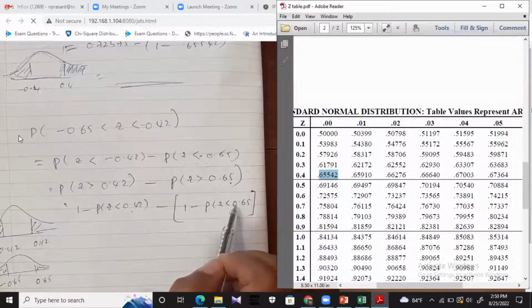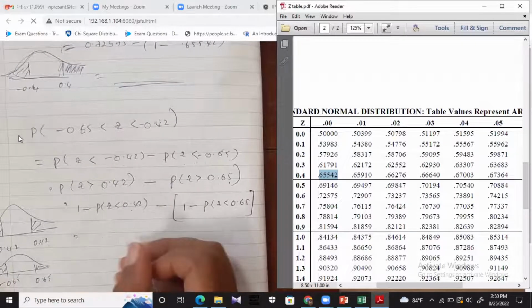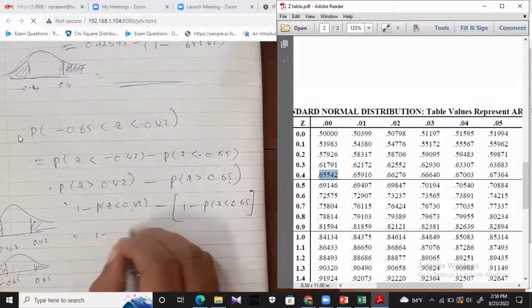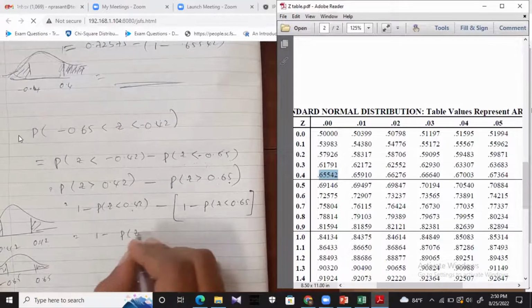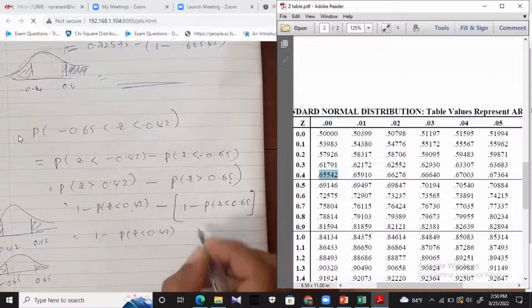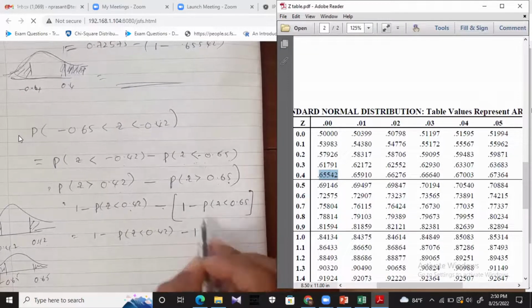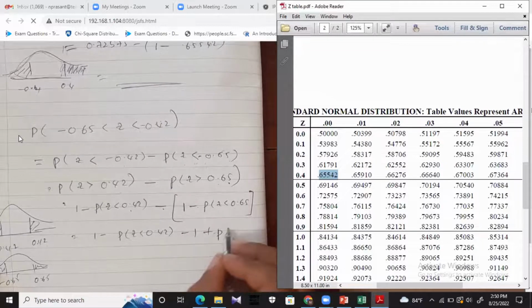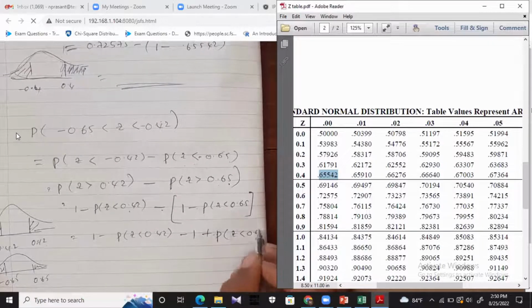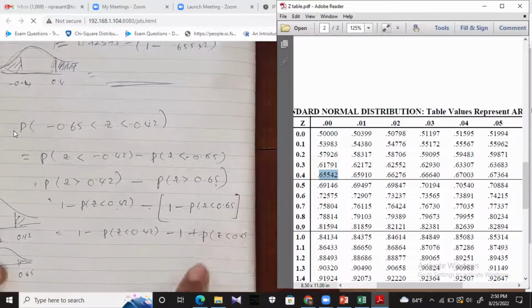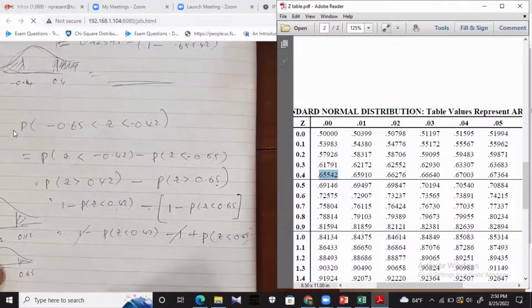We can just find these probabilities, or you can simplify it further before finding these probabilities. P is it less than 0.42 minus plus minus minus plus P is it less than 0.65. Okay, plus 1 and minus 1 cancel out.